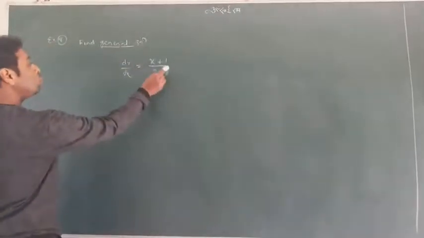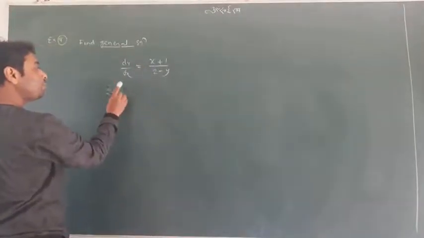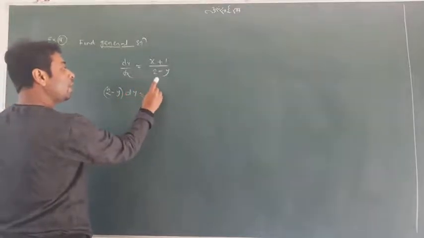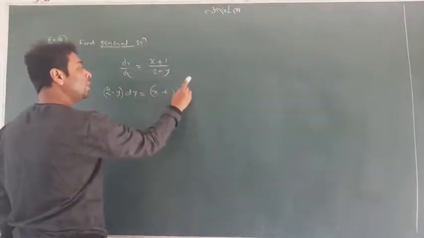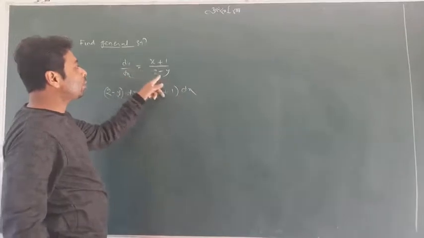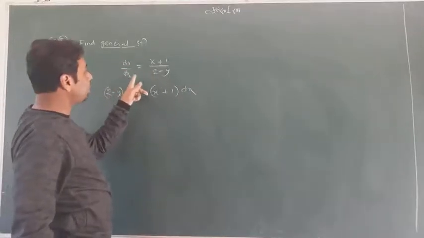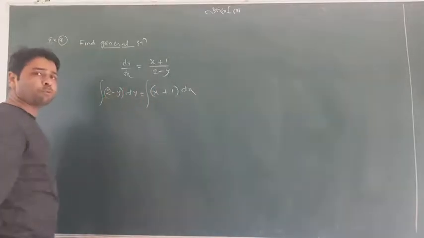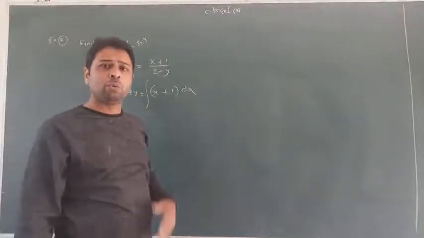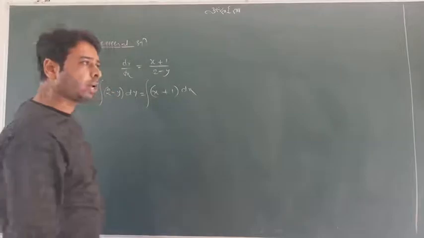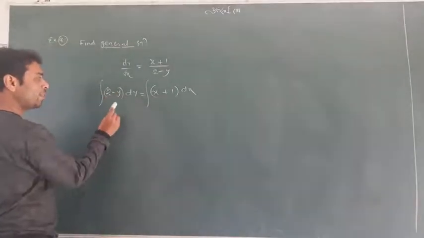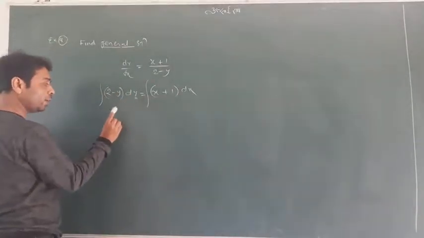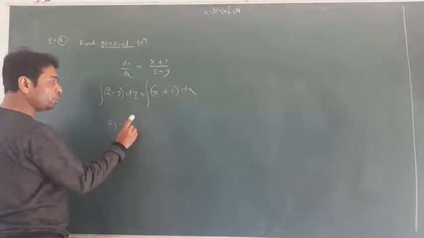So okay, we transfer 2 minus y to this side with dy, and x plus 1 with dx. What have I done? I transferred 2 minus y with dy and x plus 1 with dx, and I do integration right here. You don't have to wait for the next step, you can integrate right there. The integration of 2 with respect to y is 2y, and y square upon 2.